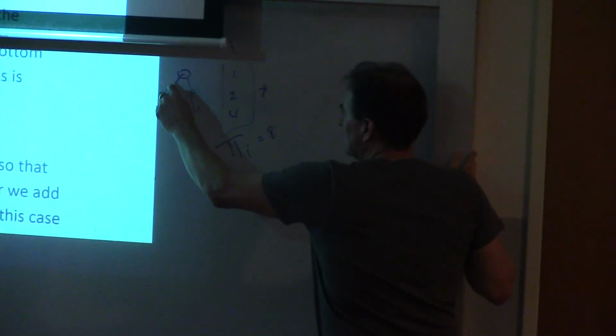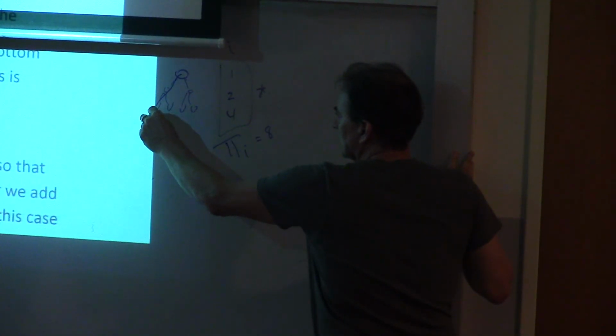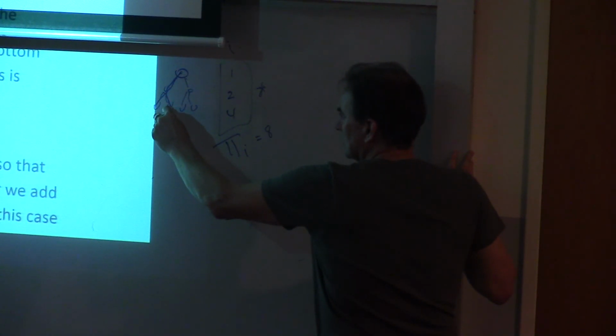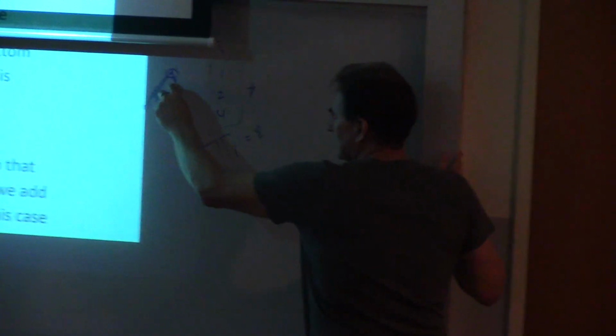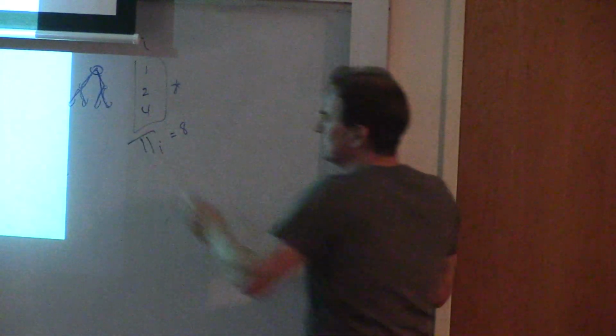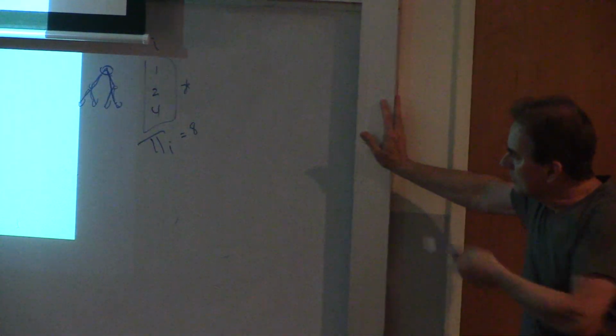So we have, let's see, 1 here, 2. So it's not quite right, is it? 3, 4. How many trees do we have? 4. So it's not 8.